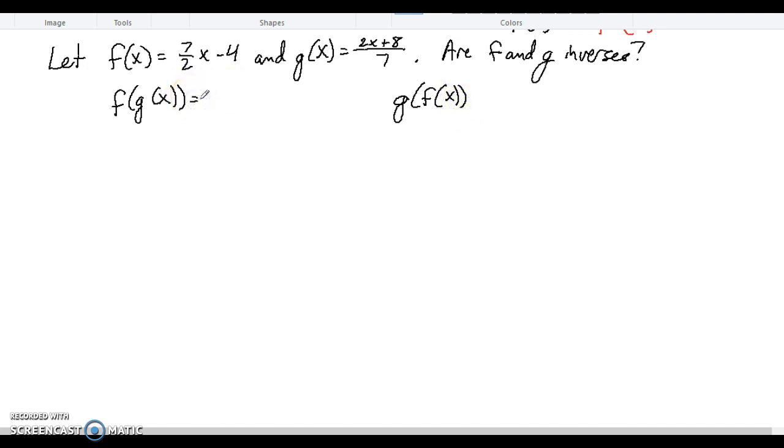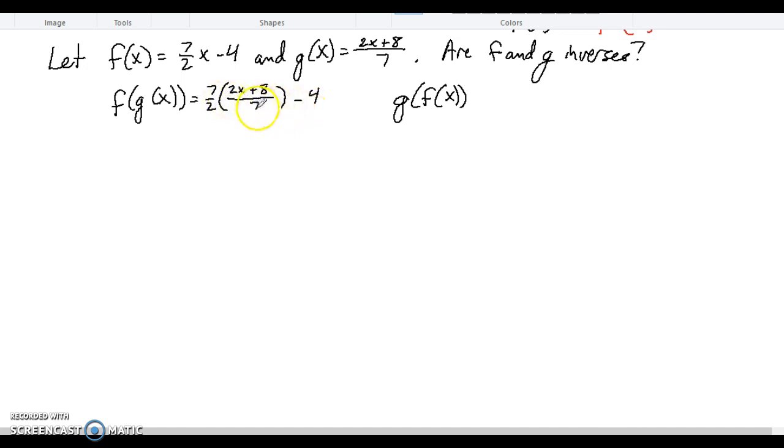So I'll start here with f of g. Remember, f of g, in order to do this, we have to remove the x from f and put the entire function g in its place. So f was 7/2 times something minus 4, and that something, instead of being x, is now all of g. So that's 2x plus 8 over 7. And now our job is to simplify.